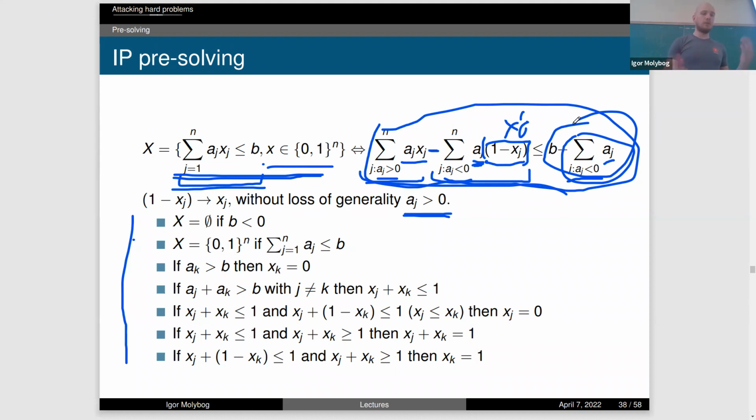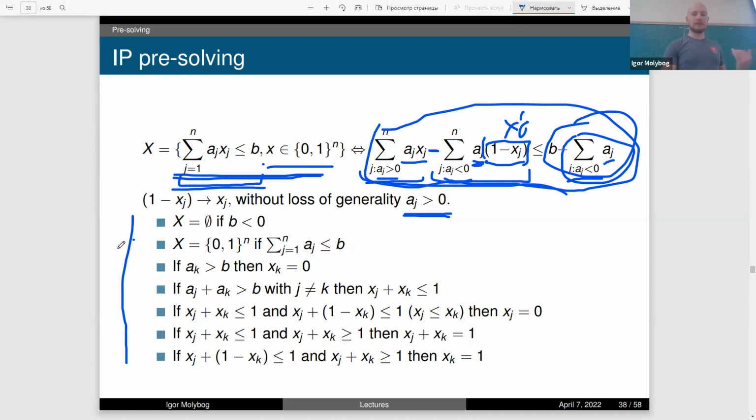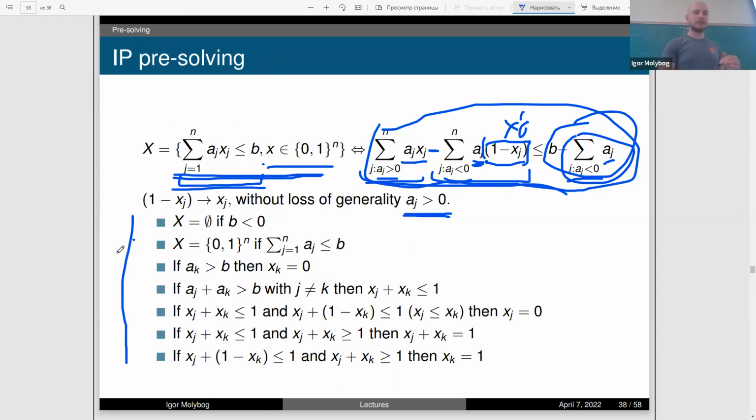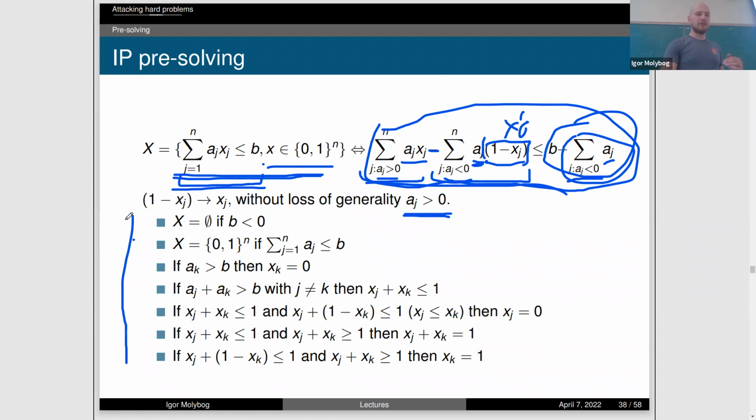So from now on, at least for the next slide, we can safely assume that aj are all greater than 0. Did I articulate it clearly?